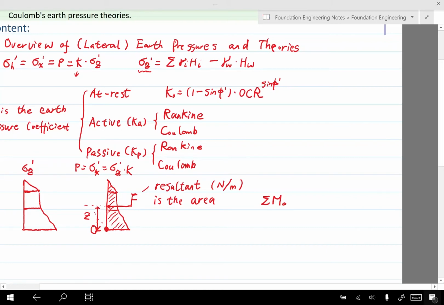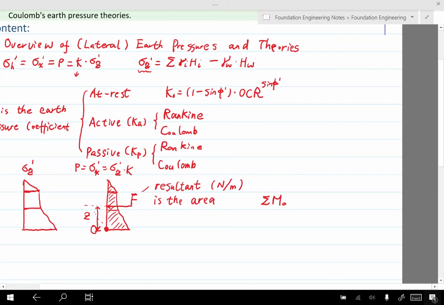And we can do it by dividing this irregular shape into 3 components corresponding to the 3 layers. For each layer, for example, if it's a triangle, we know the resultant is the area of the triangle. We know the location of this resultant will be at the centroid of that triangle. That is 1/3 of the height from the bottom side of the triangle.